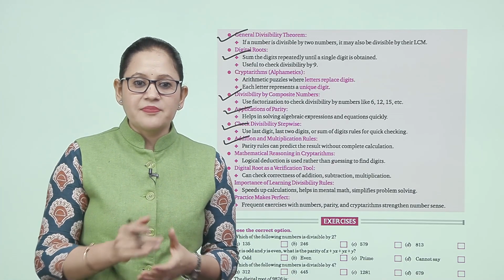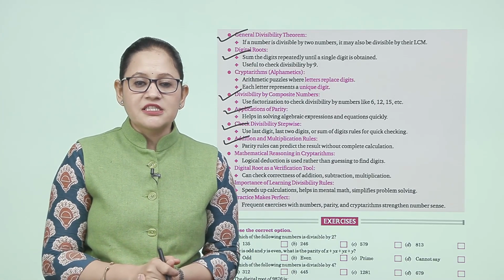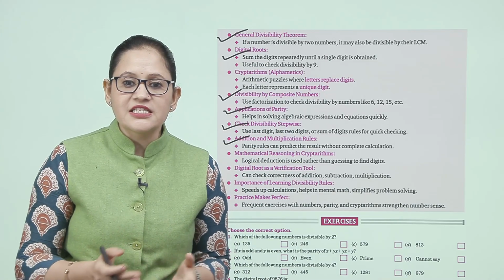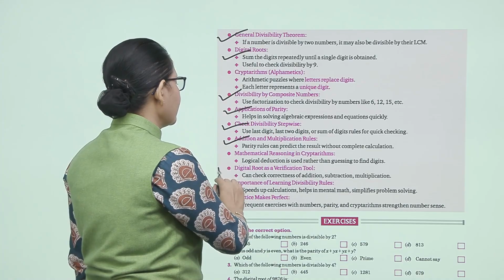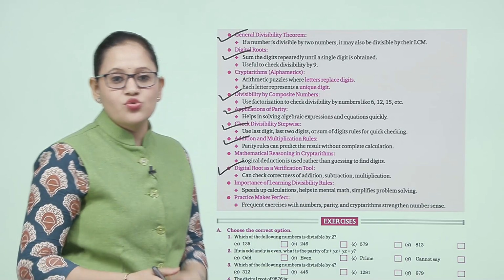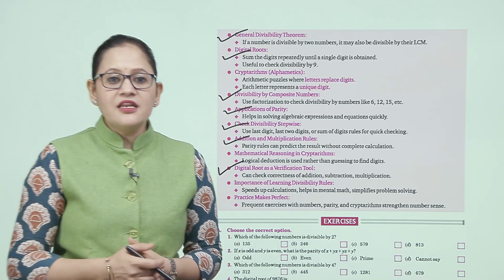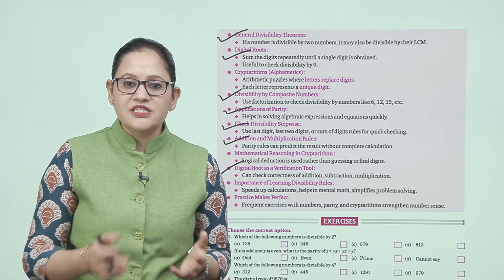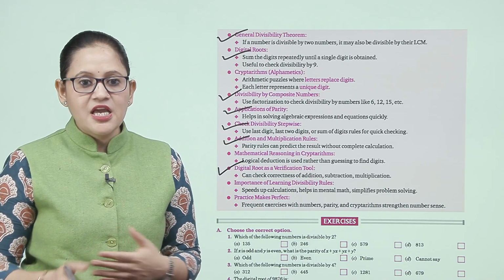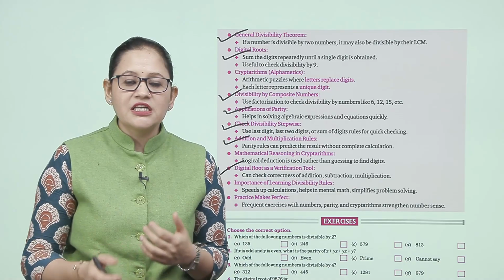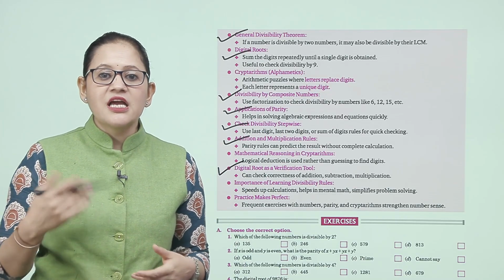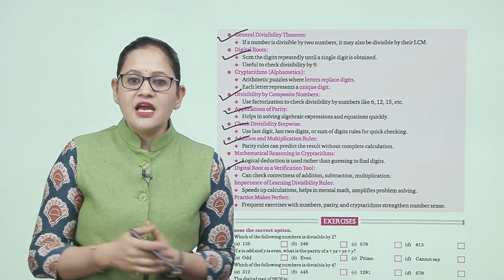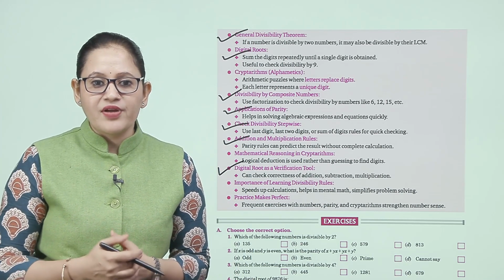Mathematical reasoning in cryptonyms: logical deduction is used rather than guessing to find digits. Digital roots as a verification tool can check the correctness of addition, subtraction and multiplication. Learning divisibility rules speeds up calculations, helps in mental maths and simplifies problem solving.